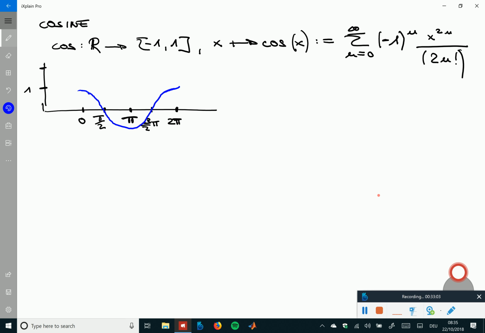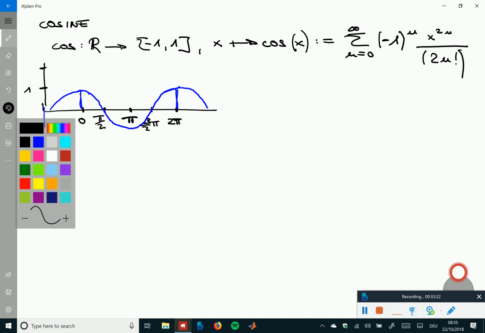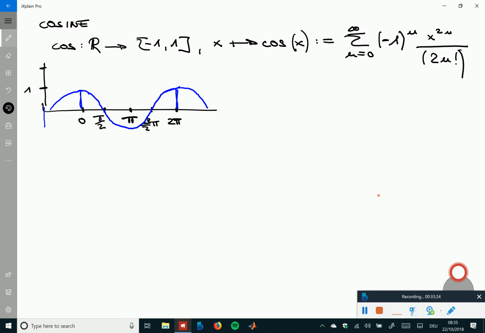So of course the cosine goes on, it doesn't stop here, but then does its thing again. But the important thing is that it does a full revolution, so going from 1 to -1 and back to 1 every 2 pi. And it starts at 1 for 0.